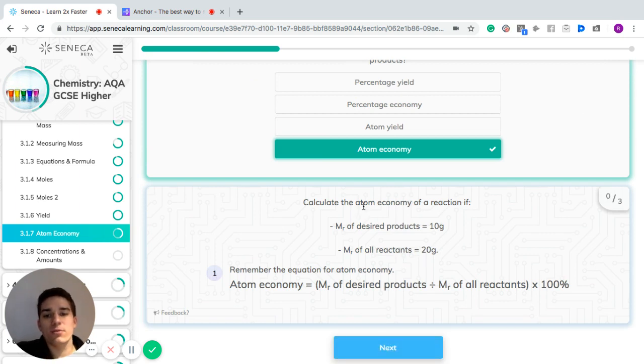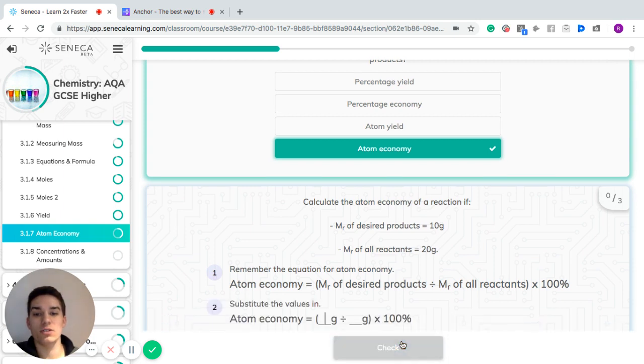Now, just to run through an example, if we've got the molecular mass of the desired product as 10 grams and the molecular mass of all reactants as 20 grams, let's talk through how we'd change that into atom economy. So remember that the equation for atom economy is the molecular mass of the desired products divided by the molecular mass of all the reactants times by 100.